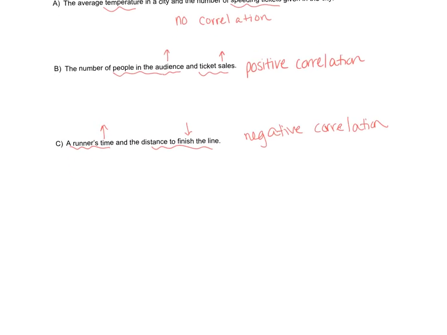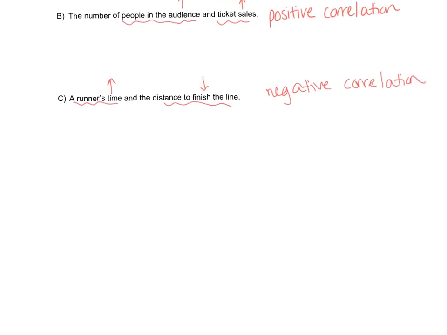Think of another one, like the number of hours studied for a test and test grade. Remember, this is on average, not always. The more hours you study, what's going to happen to the test grade? Usually that would go up, so that's a positive correlation.